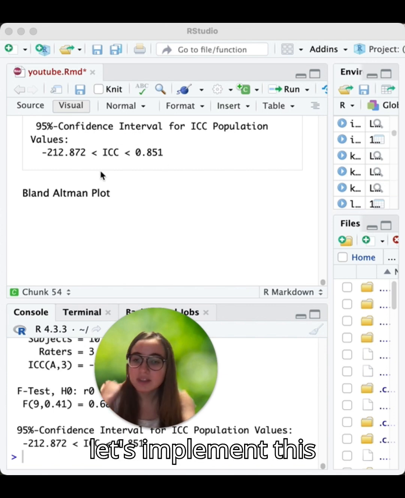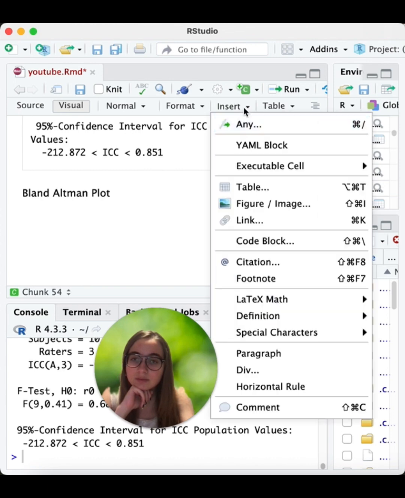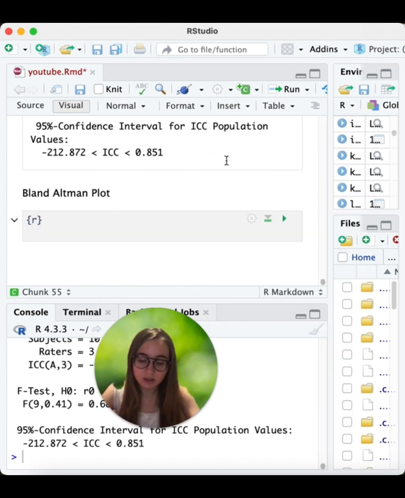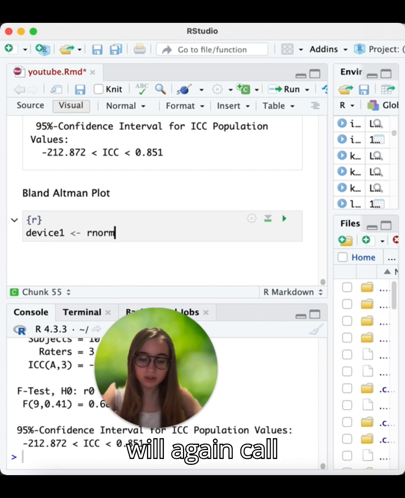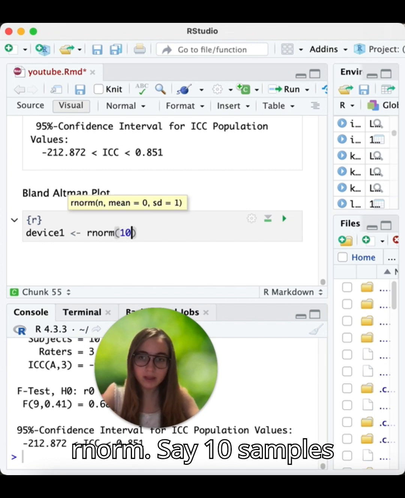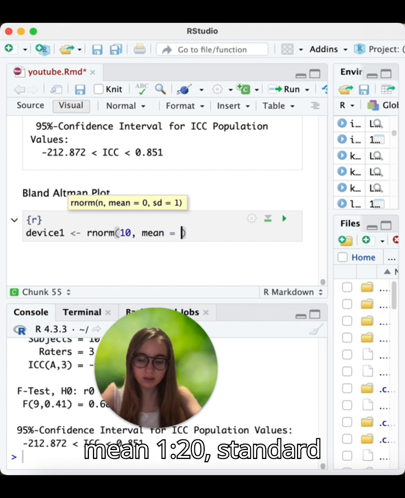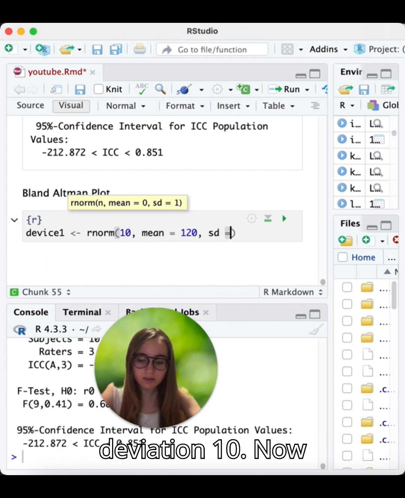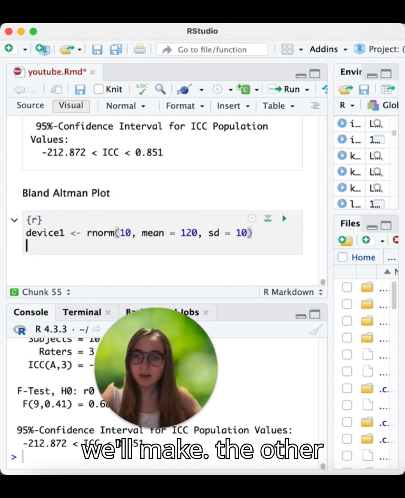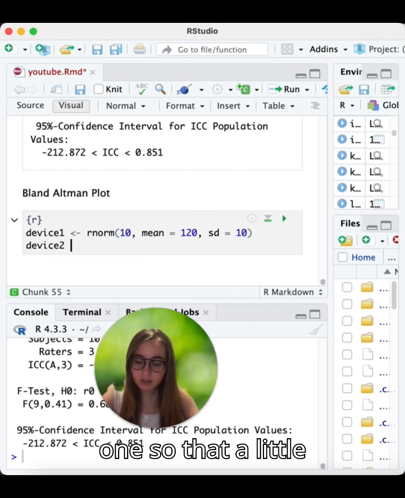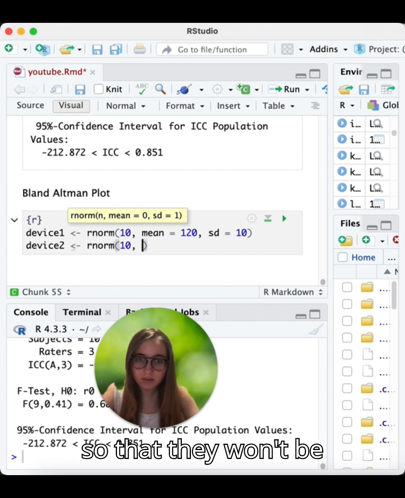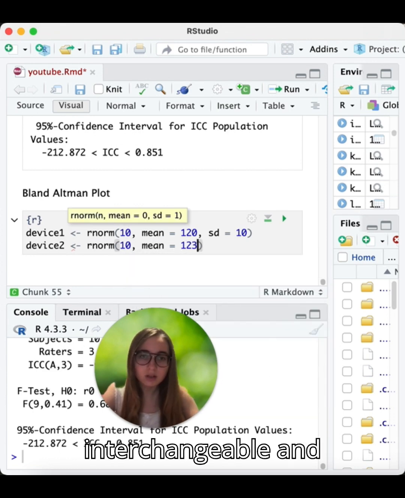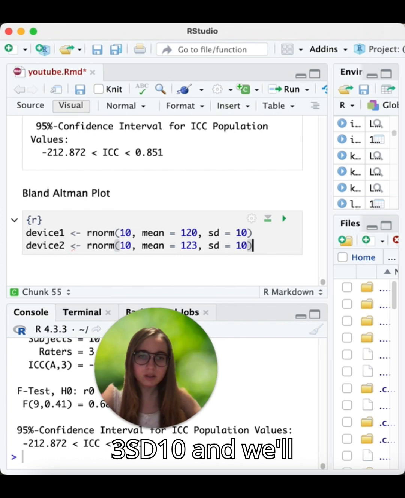So let's implement this in R. We have our device 1, which we'll again call our norm. Say 10 samples, mean 120, standard deviation 10. Now we'll make the other one a little bit higher in mean, so that they won't be interchangeable, and standard deviation 10.